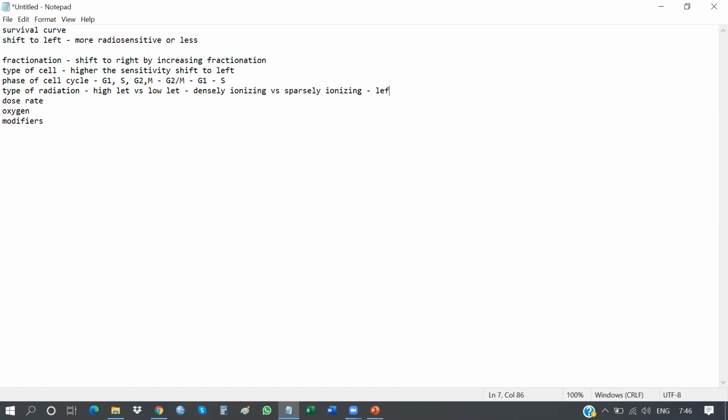So it will be left. Okay. Now coming to dose rate. High dose rate, low dose rate. Mainly first the basics, then we'll go on to another concept in this. HDR will be left and LDR will be right.